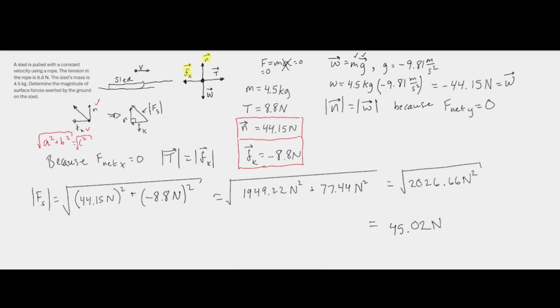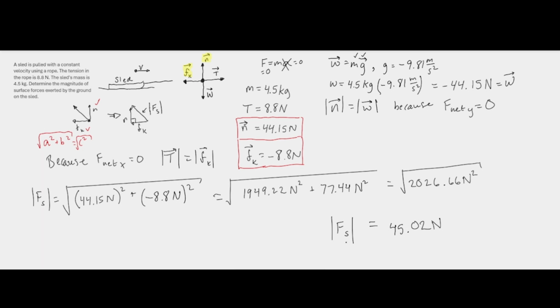So I took the square root of the numeric value and I took the square root of the factor of newtons squared. This leaves me with 45.02 newtons. This is the magnitude of the surface forces of the ground on the sled.